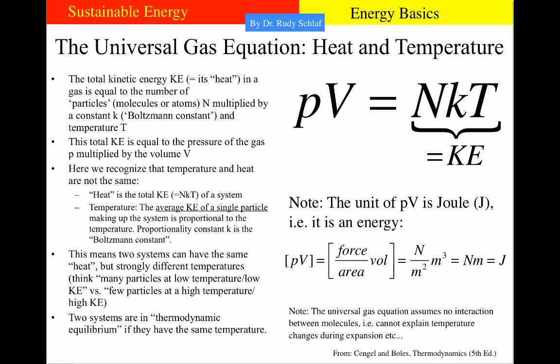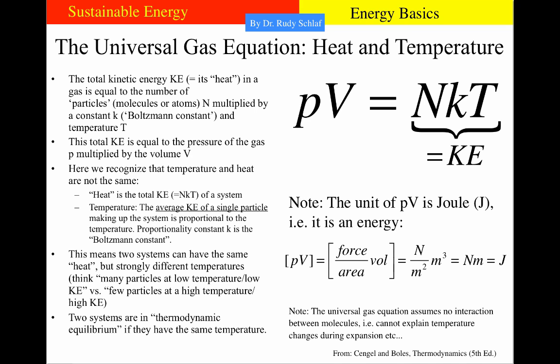In other words, if we want to know how much heat is in a certain volume of material, in a body, in a gas, what we need to do is measure the kinetic energy of all of the particles that are inside this body, and then add these energies up, and then we have the heat. So the heat is just the kinetic energy that is in a body, in an ensemble of particles.